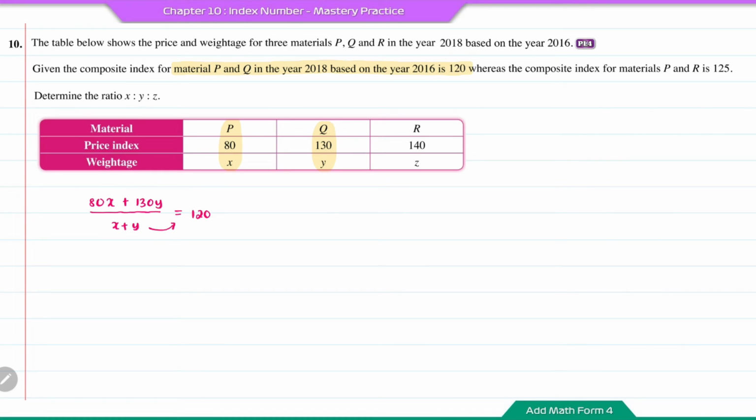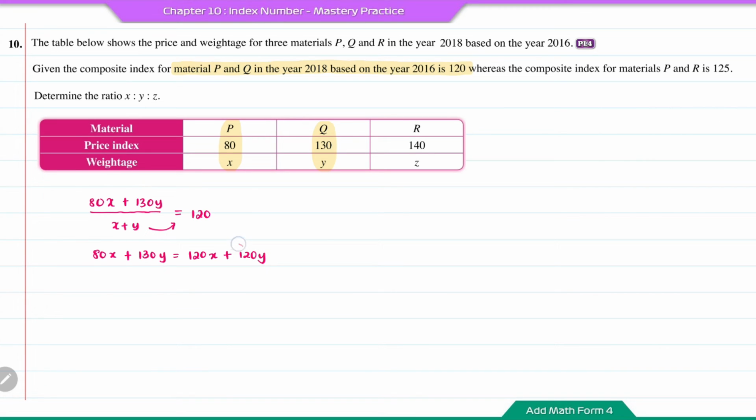Next, we move the X plus Y to the right hand side. This will be 120 times X, which is 120X, and 120 times Y, which is 120Y.